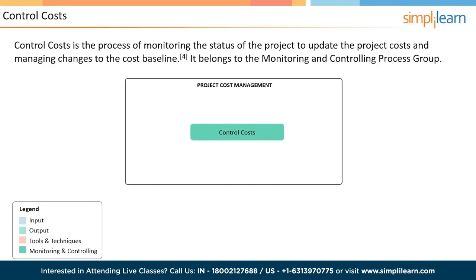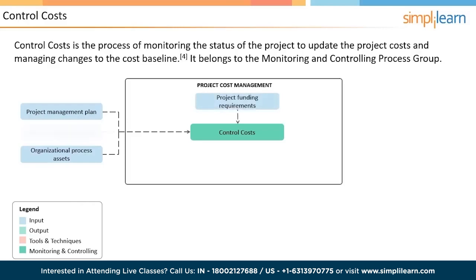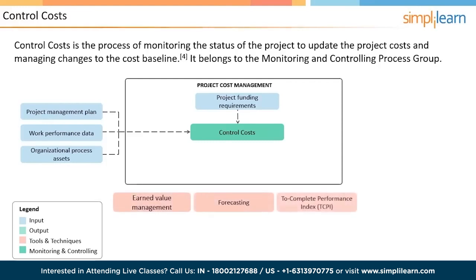expended. The inputs to the process are project management plan, organizational process assets, project funding requirements, and work performance data. Work performance data contains the information about the project progress. The important tools and techniques used in controlling costs are earned value management, forecasting, and to-complete performance index.